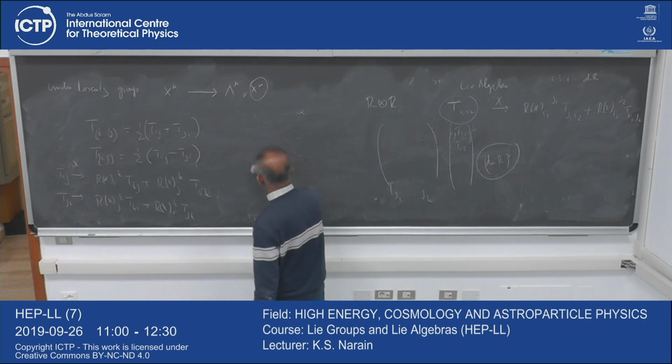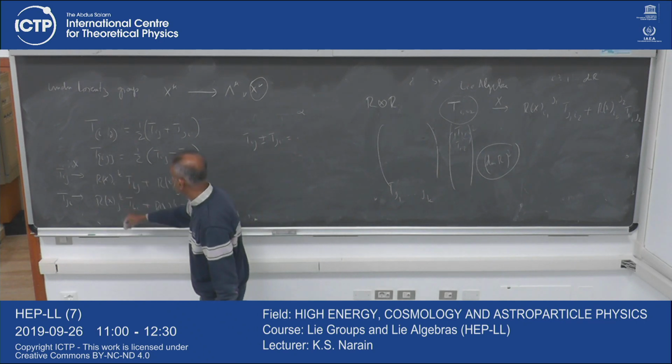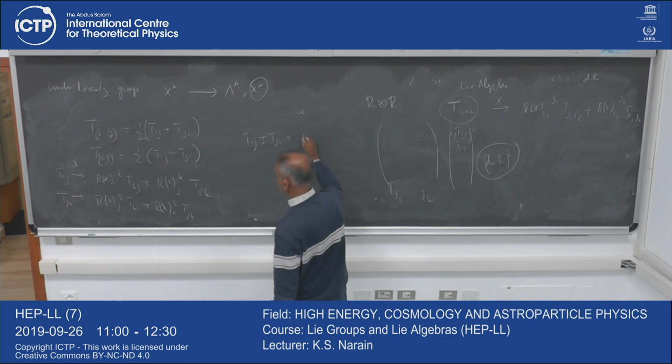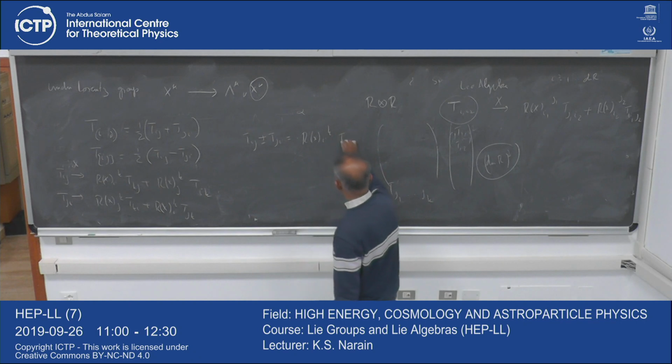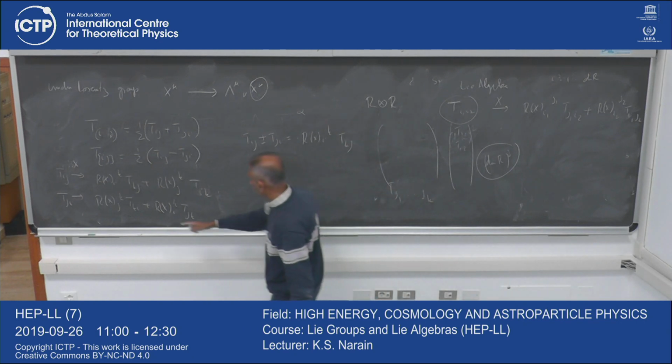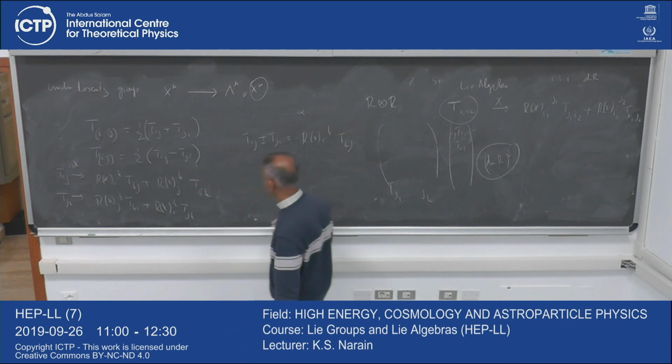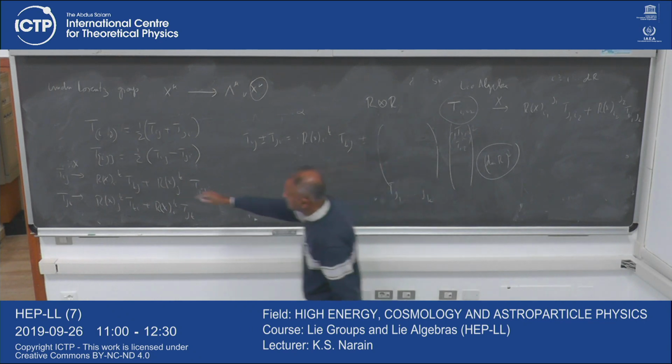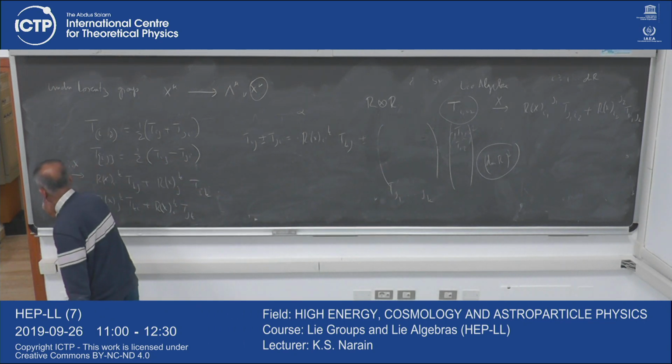So if I take Tij plus or minus Tji, I just combine the two things. You get here Rx, Ik, Tkj, and from the other you get plus or minus. So I'm taking this line and plus minus that.